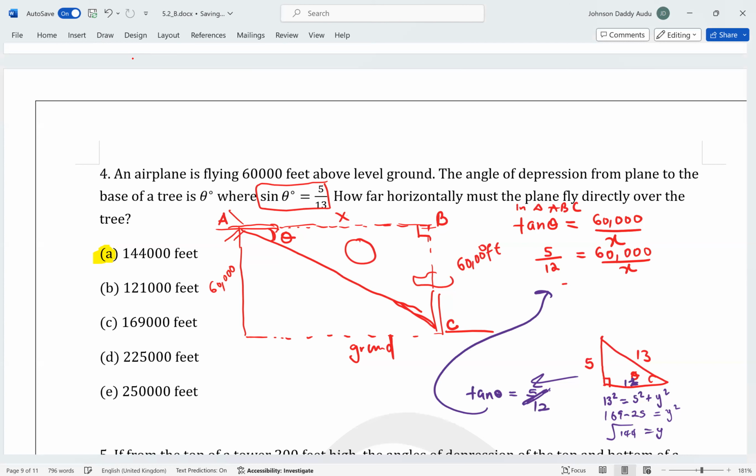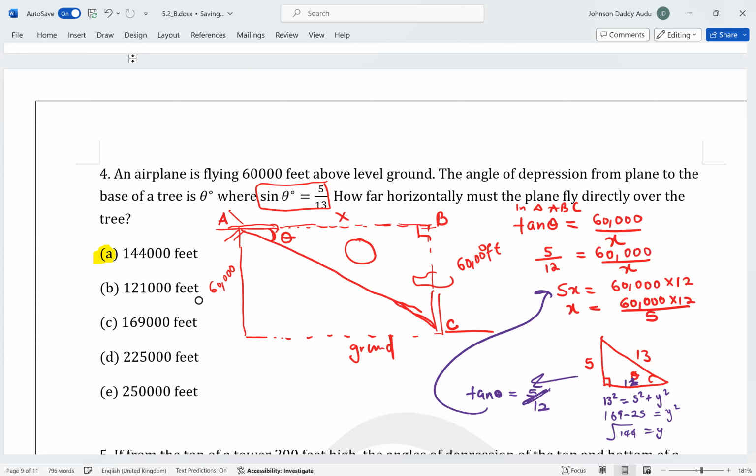So this will be 5x equals 60,000 times 12, right? And now if you divide both sides, x is going to be 60,000 times 12 divided by 5.